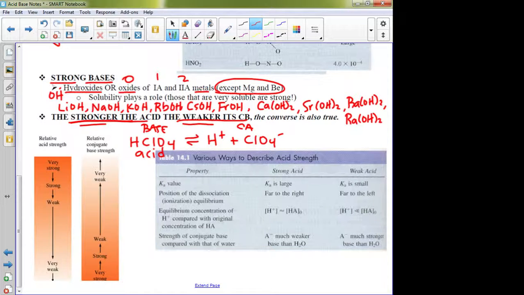Where's my conjugate base? What does the acid do in the solution? Gives away the hydrogen. So now my ClO4 negative becomes my conjugate base. We know that HClO4 is what type of acid? Strong acid. So I would say this ClO4 negative as a base is very what? Weak.